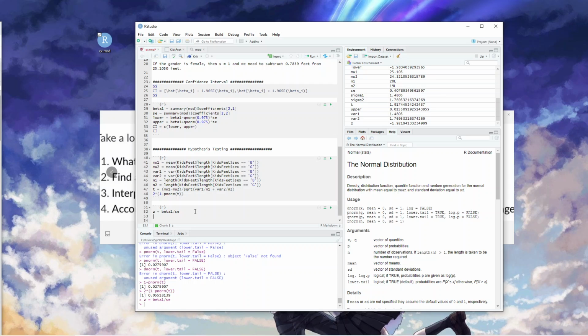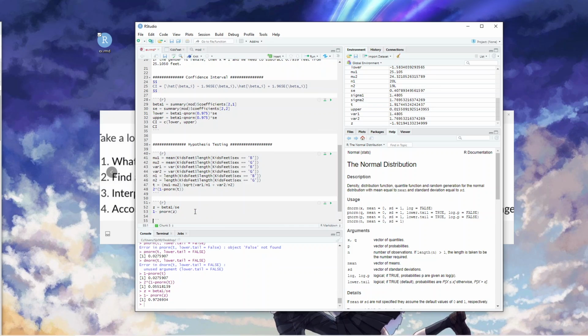Okay, so which is the standard error? Let me just use P norm, so 1 minus P norm. Wait. That does not, 27%.